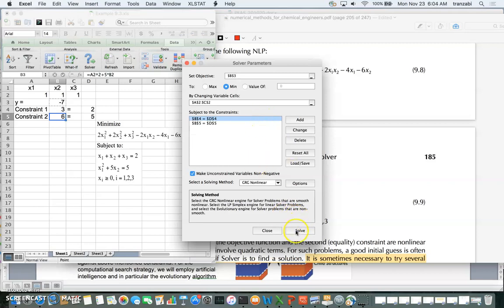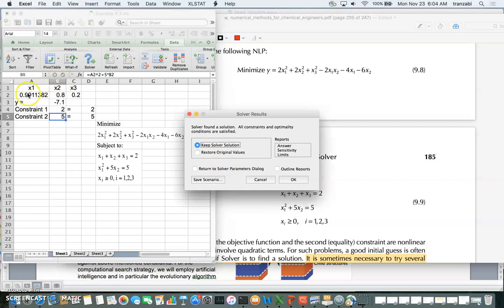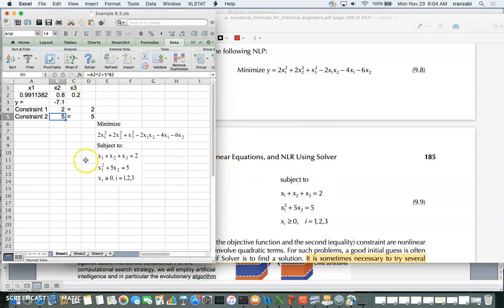And then we're ready to solve. So we're going to click on Solve. And you see that the initial guess has changed to this, and that's the solution. It says the solution found. And we want to keep the solution, so we're going to hit OK. This is it. And that's how we can solve a nonlinear programming using spreadsheet.